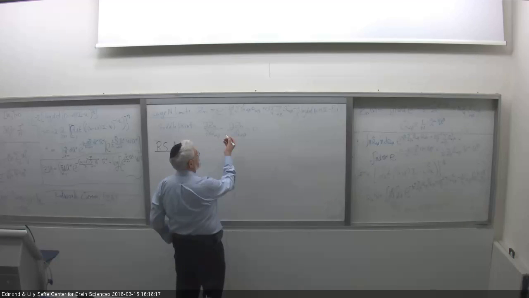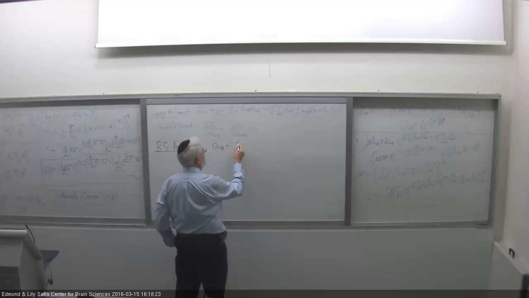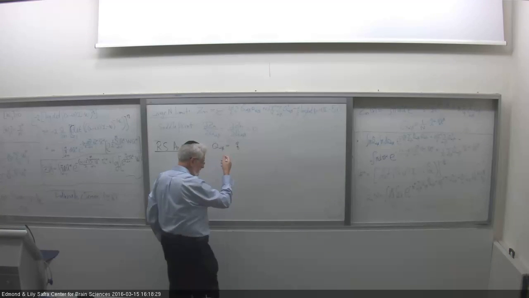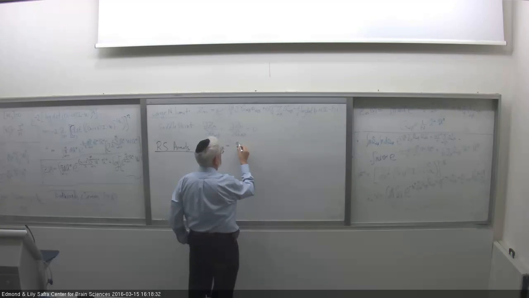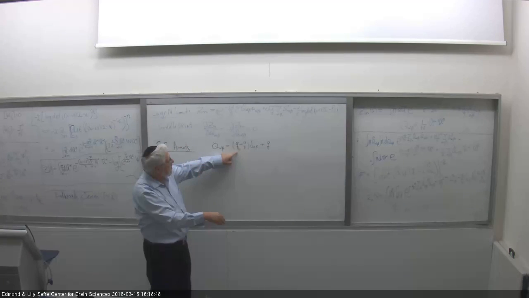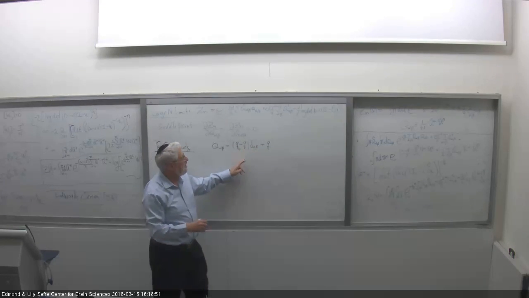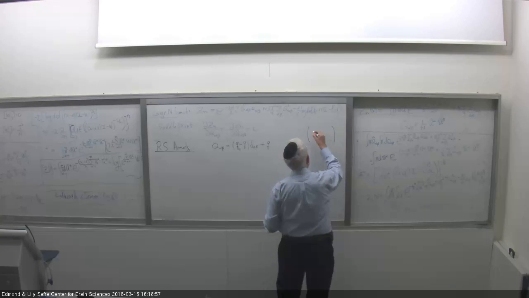So what will the replica symmetric structure be? Q alpha beta will be assumed to have a diagonal term, which I'll call Q0, minus Q, times delta alpha beta, plus Q. So the matrix has Q0 on the diagonal and Q in all the off diagonal entries.